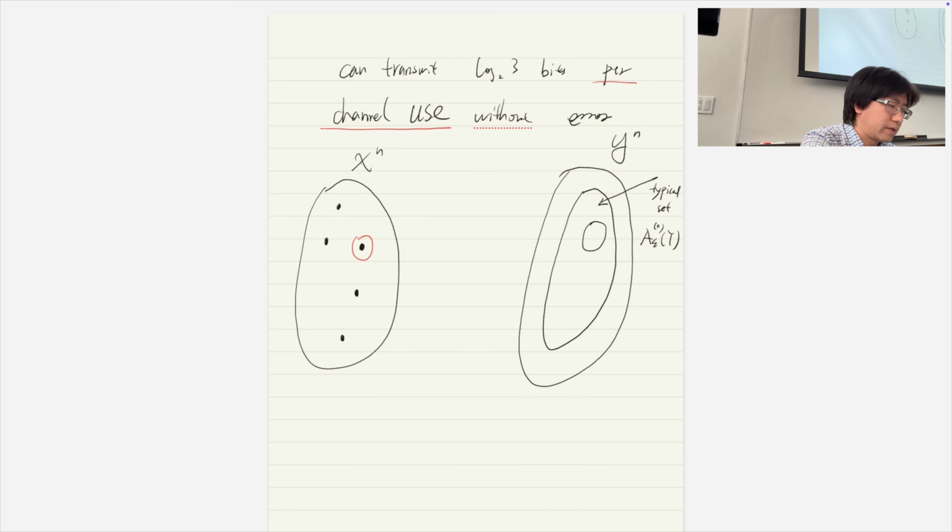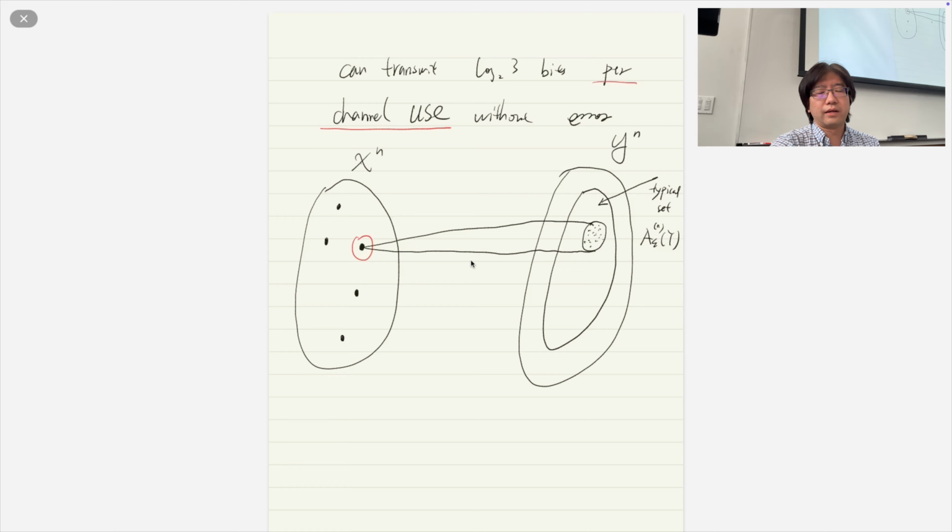We transmit here, and our received message will, with high probability, be in this circle. There will be lots of points here, but most likely this is what we're going to receive. What is that?